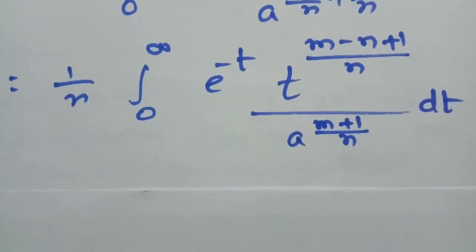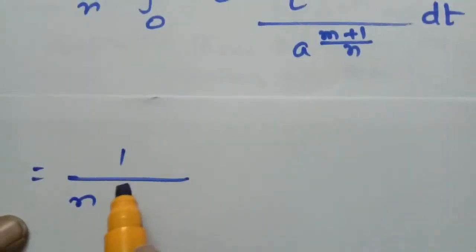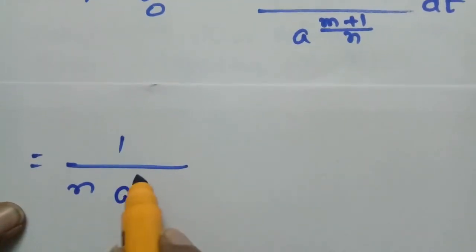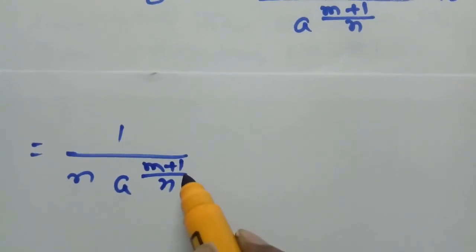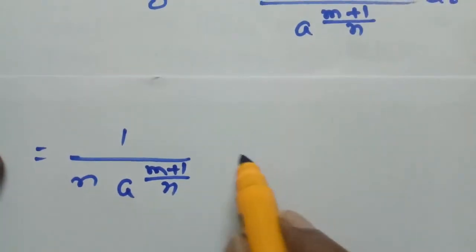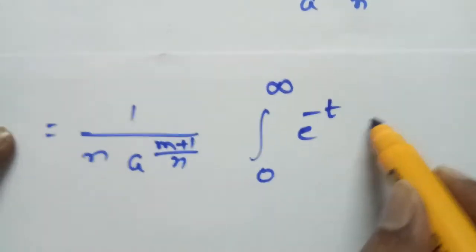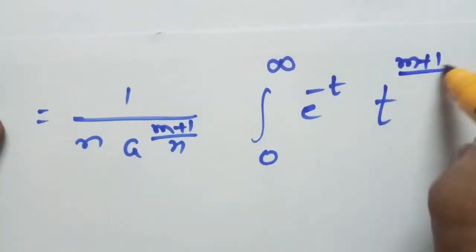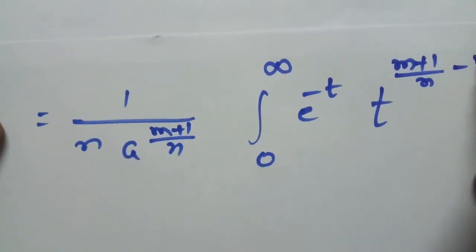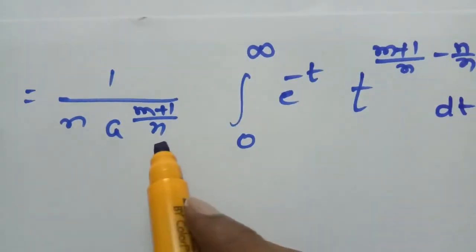This is equal to 1 by n into, we are writing a to the power of m plus 1 by n outside of the integration, as it is a constant, integral 0 to infinity e power minus t into t to the power of, this can be written as m plus 1 by n minus n by n, separating the denominator for m plus 1 and n.